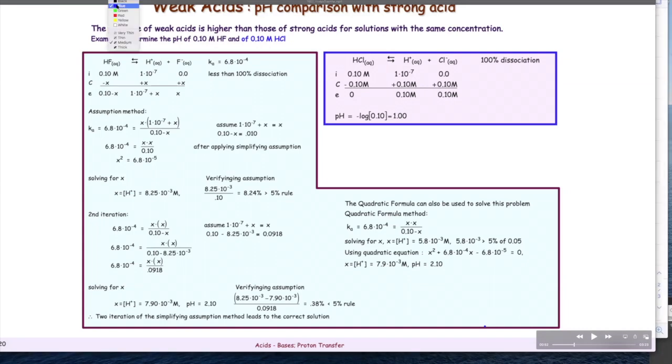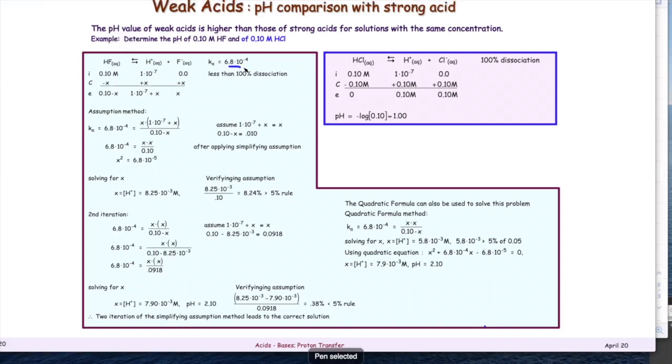You have to work out the equilibrium problem. The Ka here is 6.8 times 10 to the minus 4. So when you set up the ICE table, you have X for fluoride, 1 times 10 to the minus 7 plus X for hydronium, and this right here will be your HF concentration.